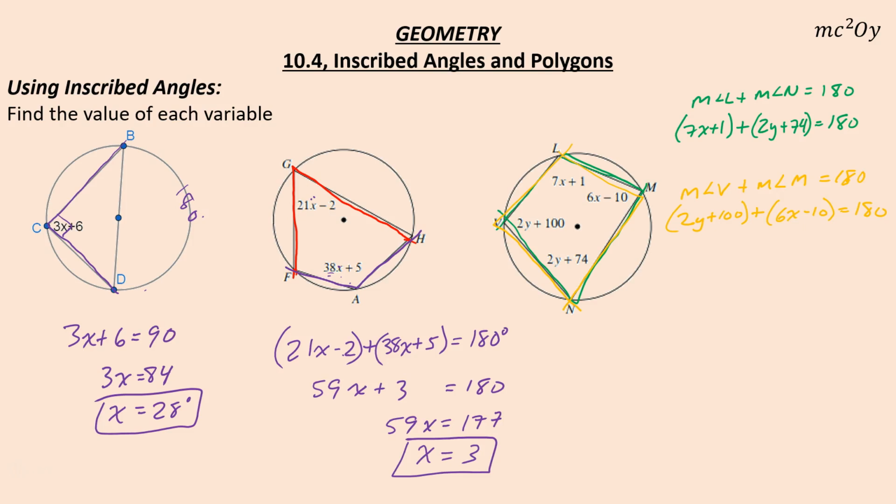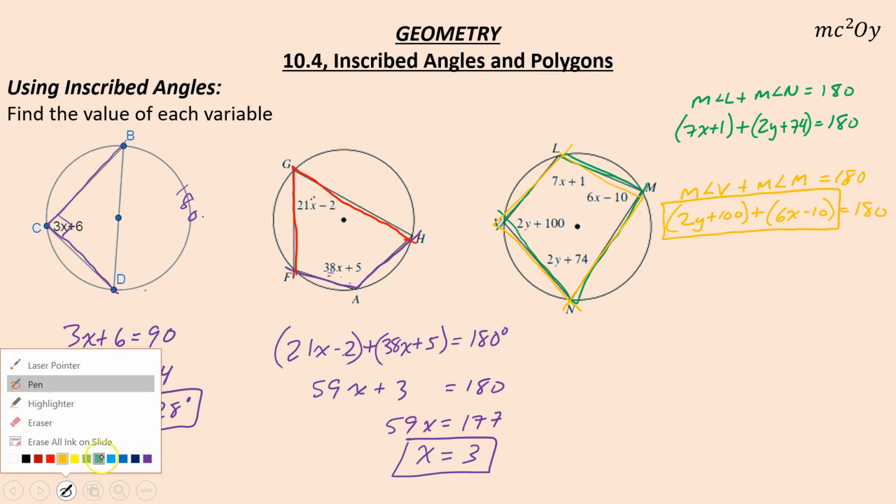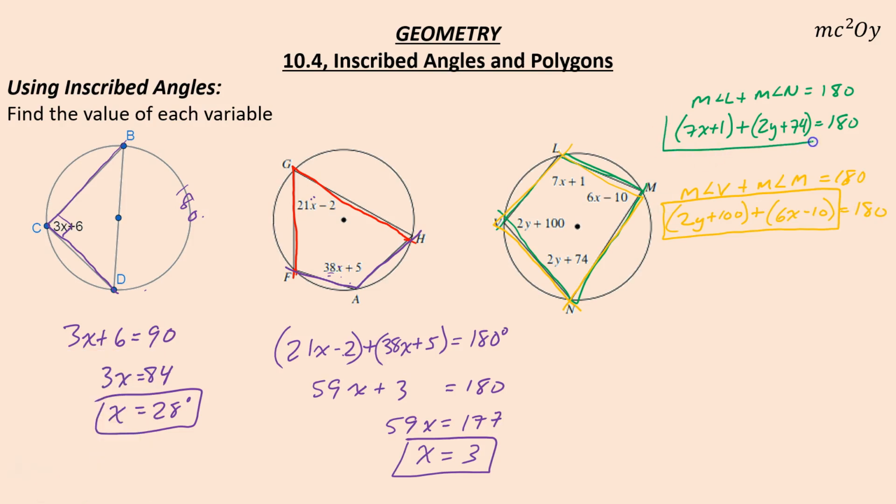Okay, I personally look at this and I see right away that this equation, even before simplifying it, equals 180, and this equation equals 180. So if this expression and this expression equal 180, so if two different expressions equal the same number, then those two expressions must be equal.